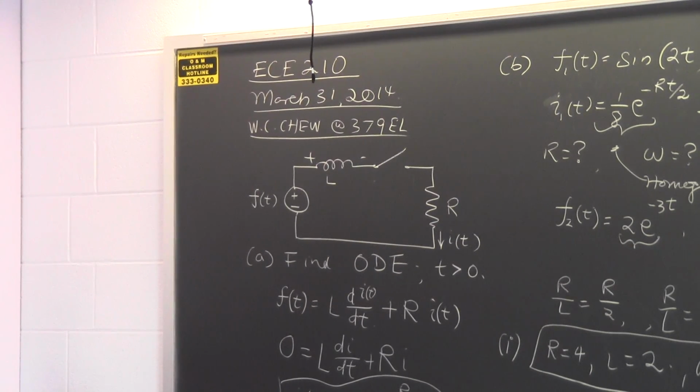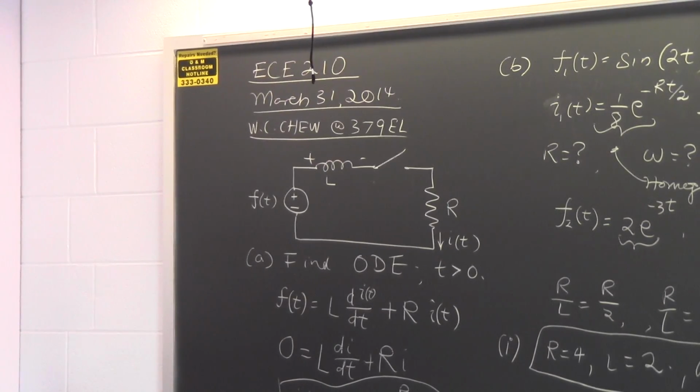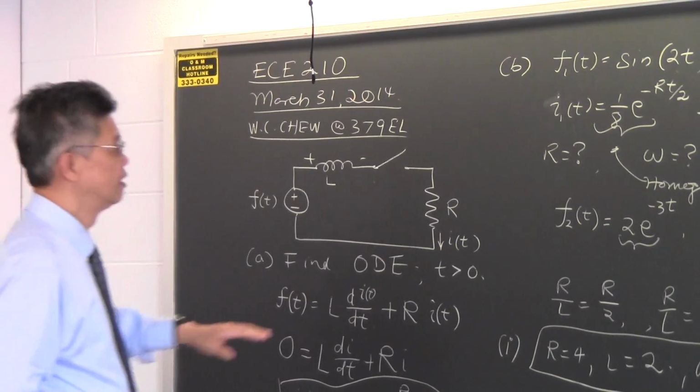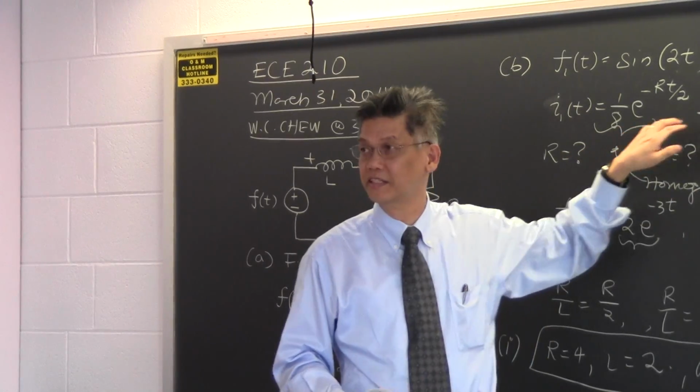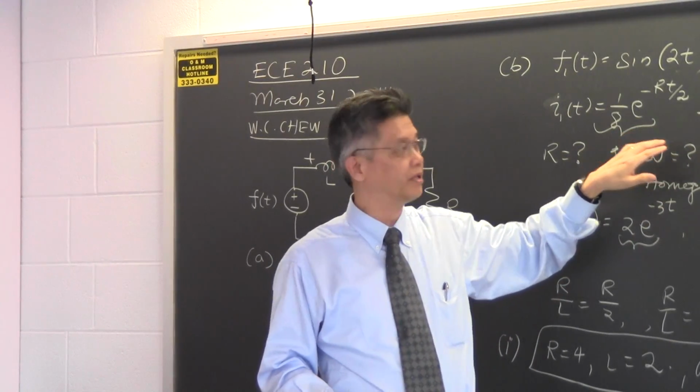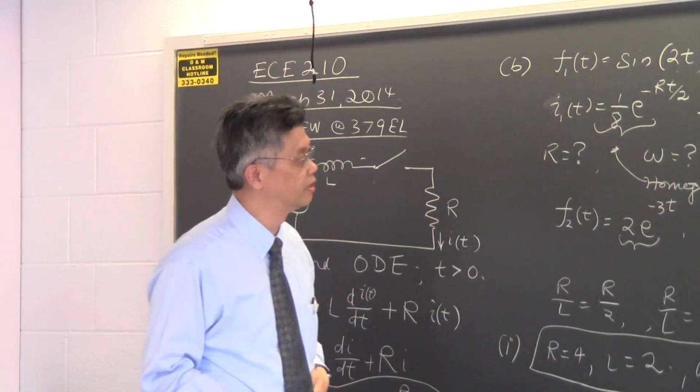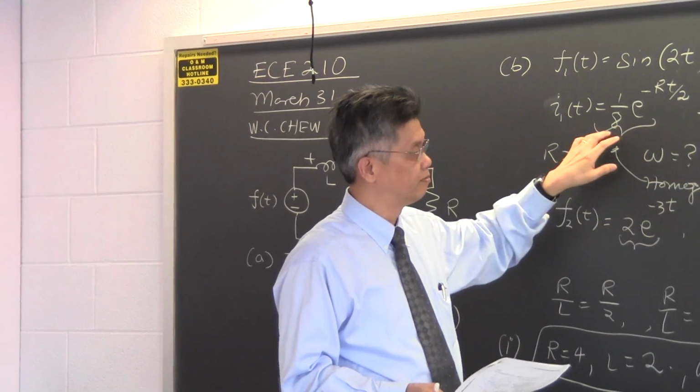Doesn't it state that I1 is 1/8 times that? So how do you know that later on it changes? If you look at I1 of t and set t equal to 0, these two terms cancel each other, because cosine of minus 3 pi over 4 is minus 1 over root 2, with a minus sign.